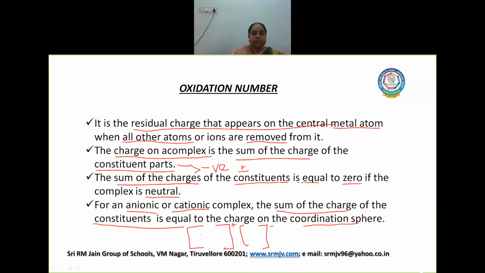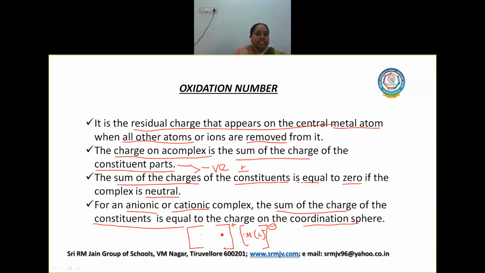For example, in the sphere, the metal may have a negative ligand, so that the complex itself attains a negative charge.